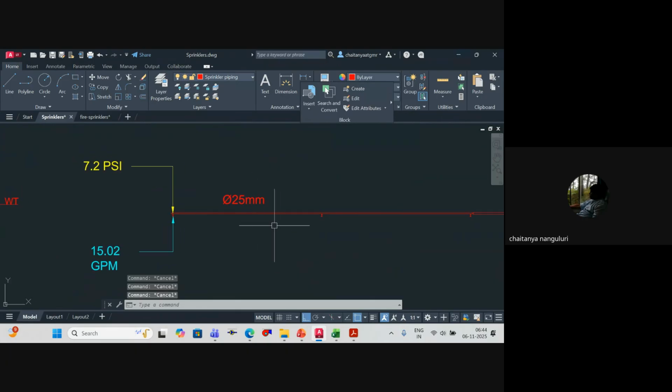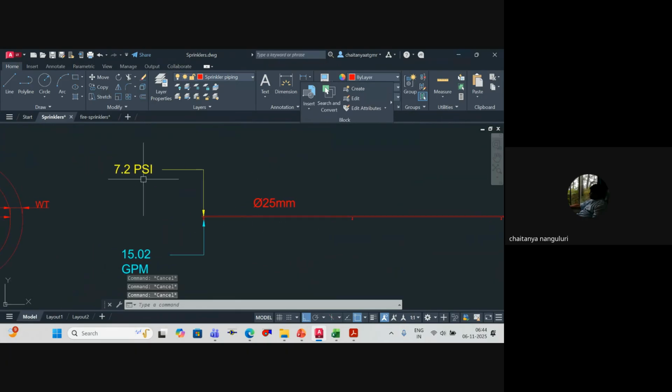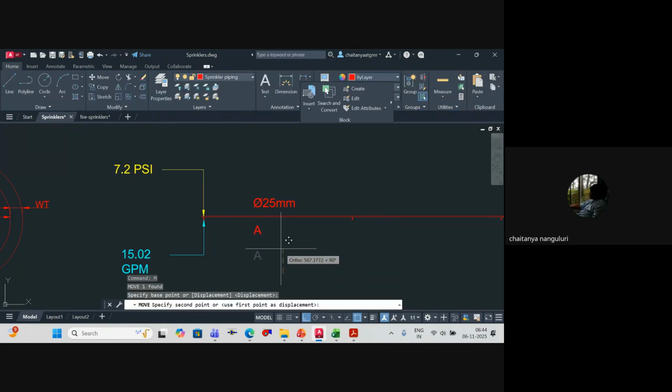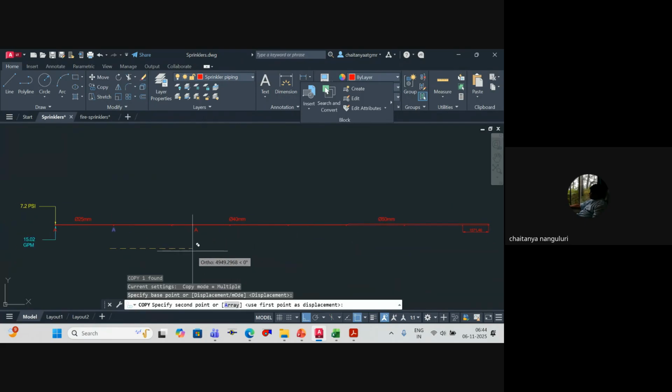Now we have to calculate. We know the pressure that we require and what is the flow rate. Now we have to calculate the pressure loss across this one and this one, so that we'll get to know the pressure at this location. So I'll rename the sprinklers for ease. This I'll mark as A. This is B, C, D, E, F, and this is G, giving different names.